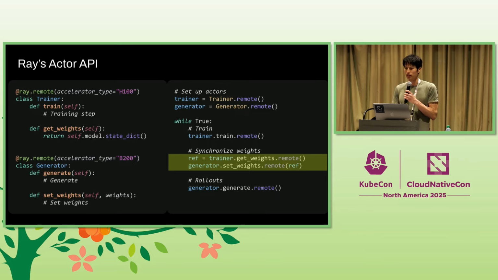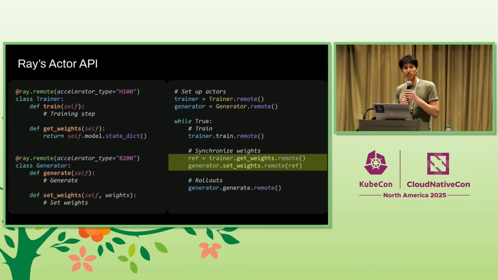So this basically is how you can, just by passing one object into another method call, sort of transfer data in Ray. And these processes might live on different machines. They might use different hardware accelerators. And the transfer will happen under the hood.